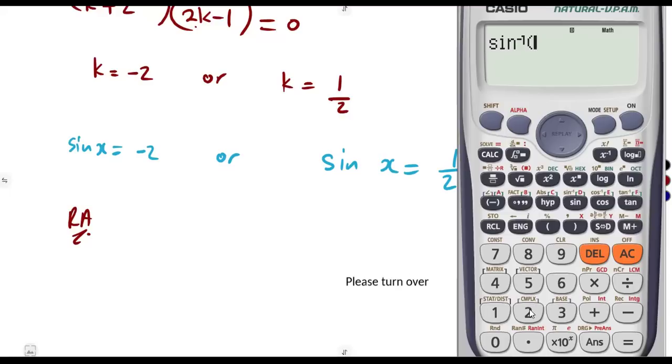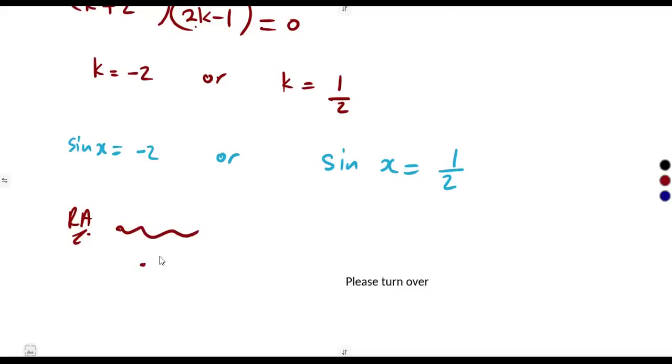You take it as a positive, just ignore that negative. As you can see, it does not exist. We are out of the range minus 1 to 1 that we are supposed to be working with on the y values. They are not supposed to exceed this. So the sine of x cannot be equal to negative 2. That one does not exist, so we are only going to work with this part.